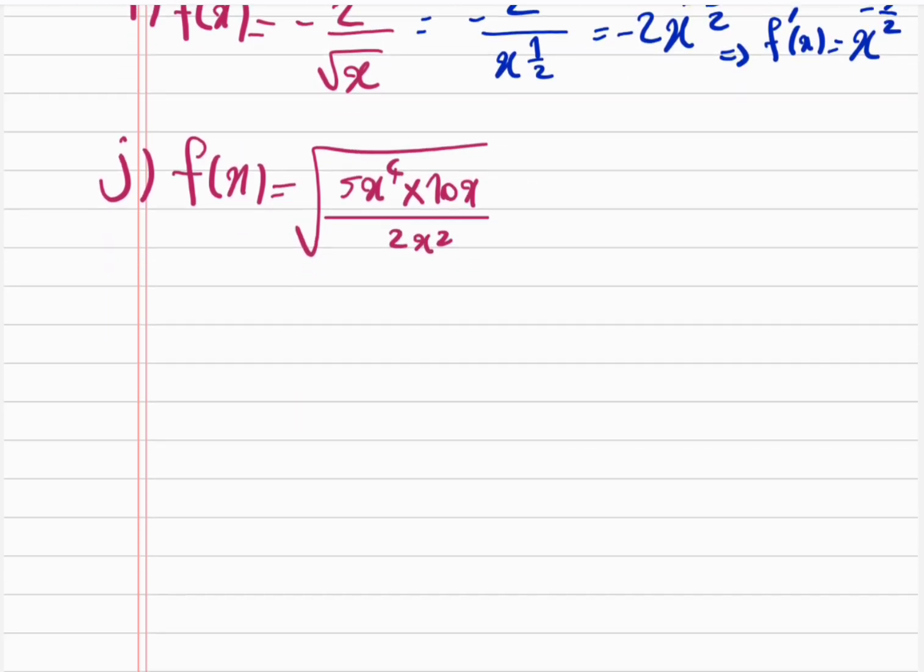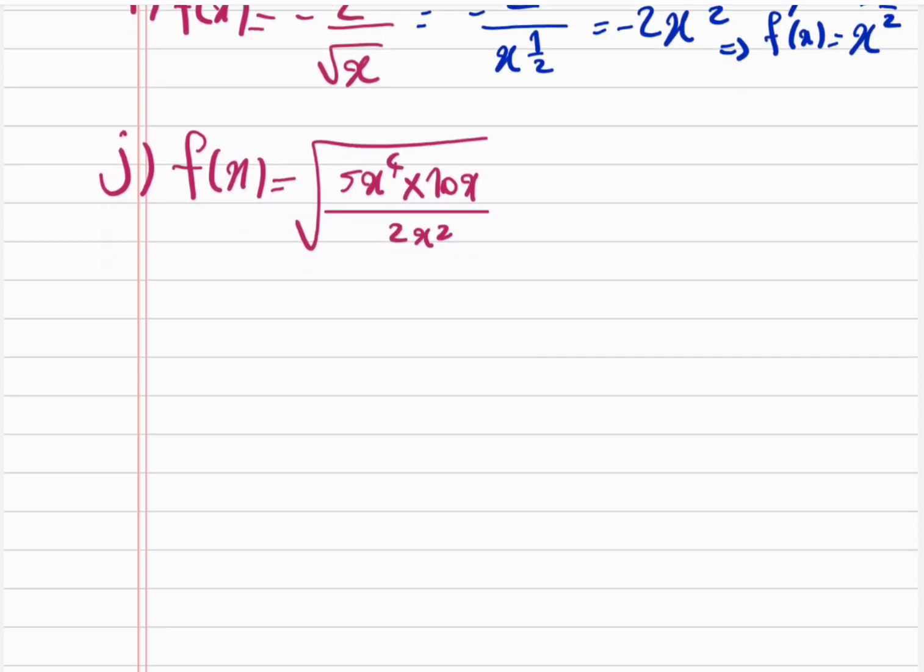And the next function we have is the square root of 5x to the power of 4 times 10x over 2x squared. So again, just simplify this. When you see a large function like this, it's not something to be complicated, because it's just actually a big function, but it needs simplifying.